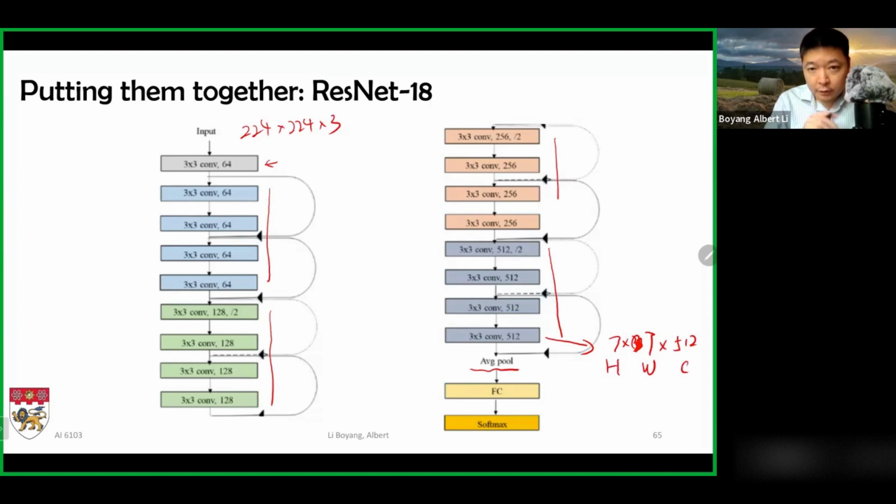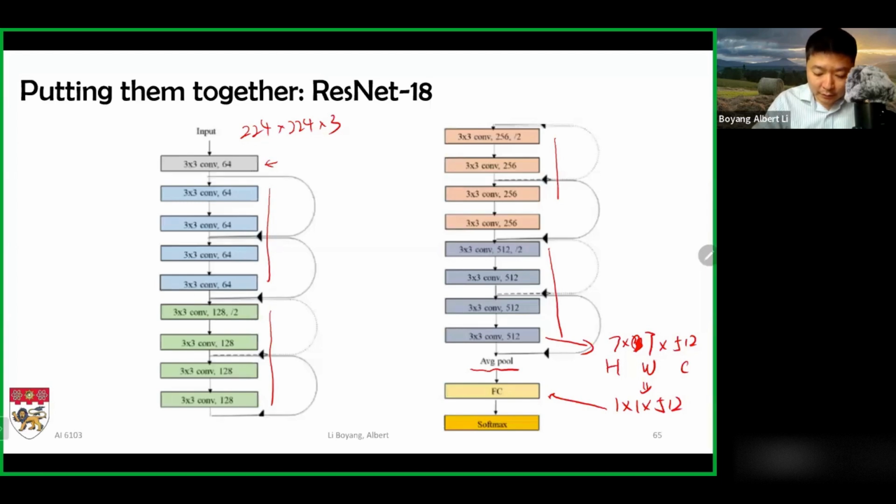Okay, so the global average pooling operation takes the average of all the 7 by 7, 49 pixels for every channel. So the feature map size becomes 1 by 1 by 512. And so it's basically a 512 dimensional vector. And this goes through a matrix multiplication or a fully connected layer, which produces the logits, and that goes through the softmax. Okay, so that's what's happening at the end of the network.